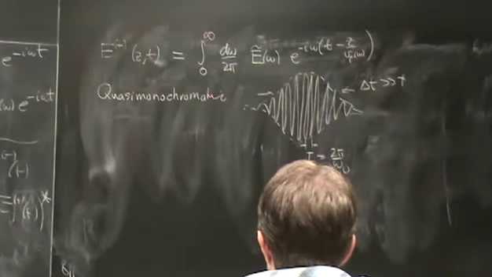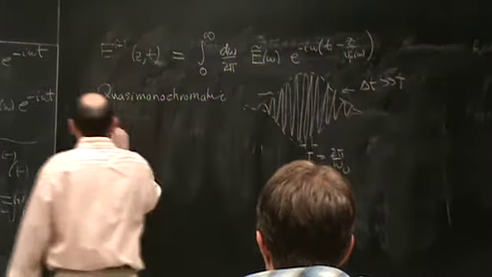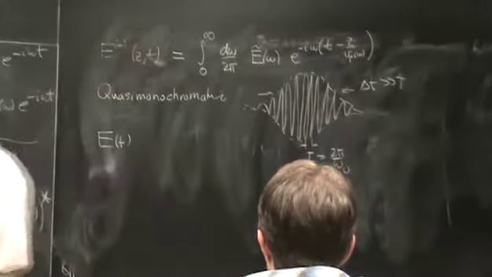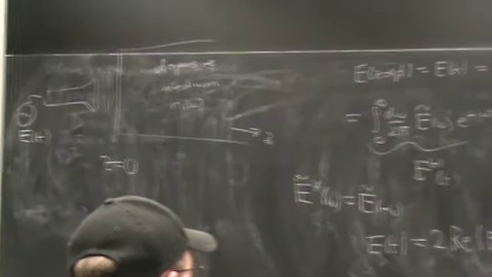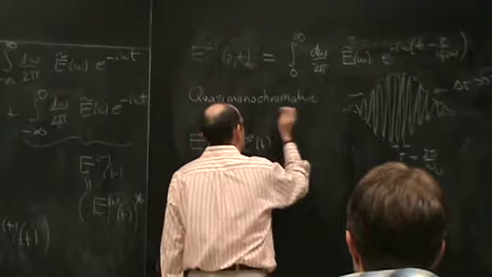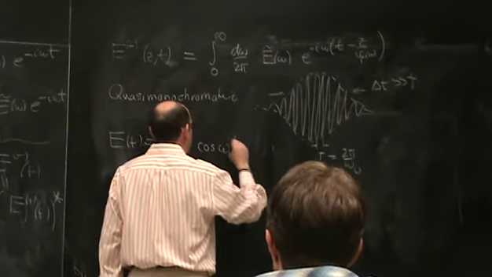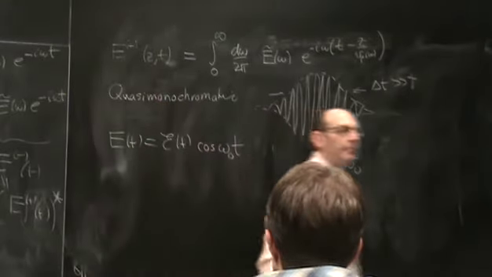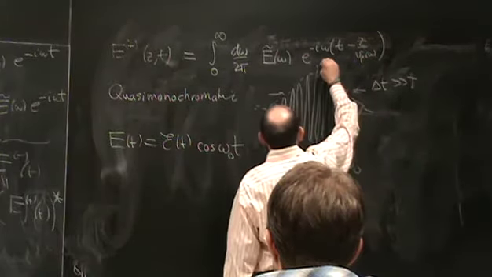Okay? That's a quasi-monochromatic pulse. So this is my E as a function of time that's being spit out of my antenna, my source, my microwave horn. So it's got some envelope that's modulating this carrier wave. Let's take the carrier wave to have a phase of 0 at time t equals 0. Okay, so this is t equals 0.